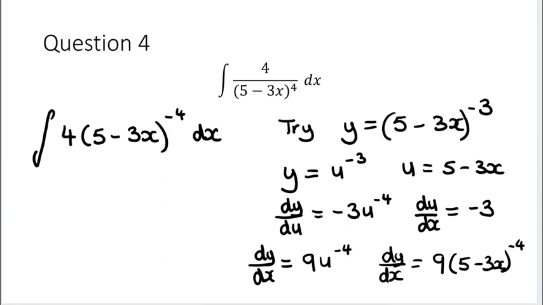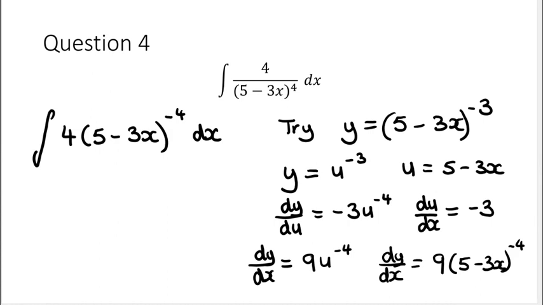So I'm close. And what that's telling me is that if I integrated 9 times 5 minus 3x to the power of negative 4, that is what would give me 5 minus 3x to the minus 3. So that's almost what I wanted to happen, but not quite. I don't want to end up with a 9 there.